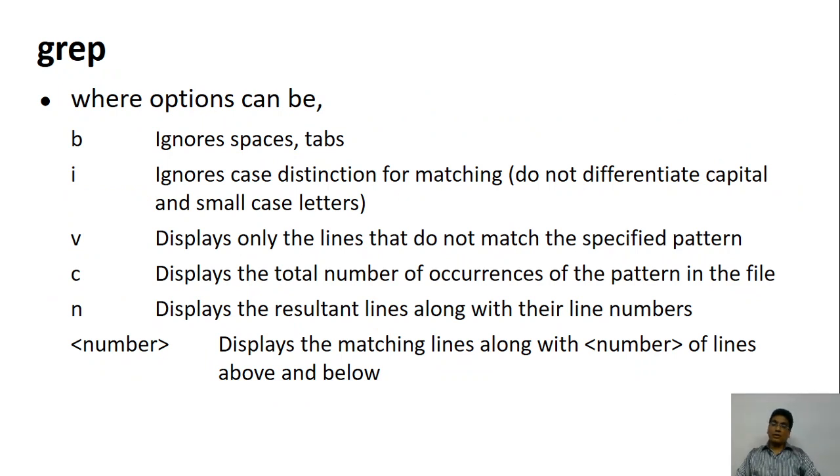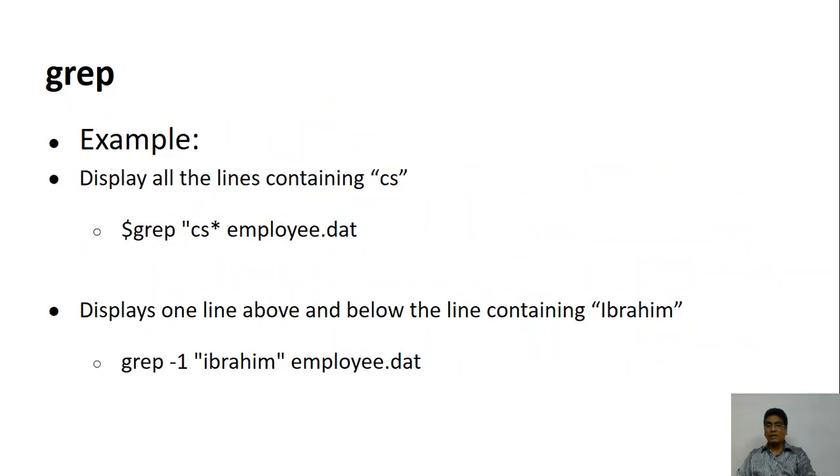Again the options could be ignore the spaces, ignore the cases, display the files. Generally it displays the files that are matching. You can also say display the files which are not matching, and you can say how many times it has occurred, and in which line it has occurred.